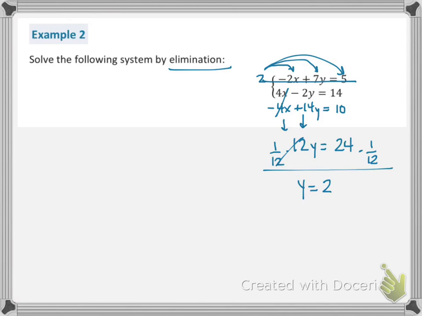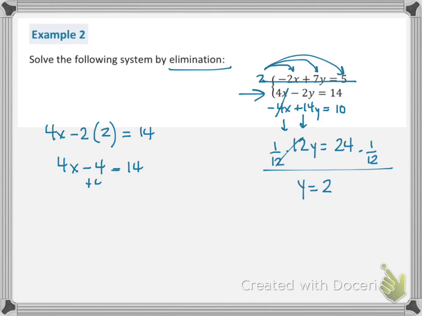So y is 2, and then I can use either equation, doesn't matter which one. I'll use this one. So this is 4x minus 2 times y, which is 2, equals 14. And that's 4x, -2 times 2 is a -4, equals 14.